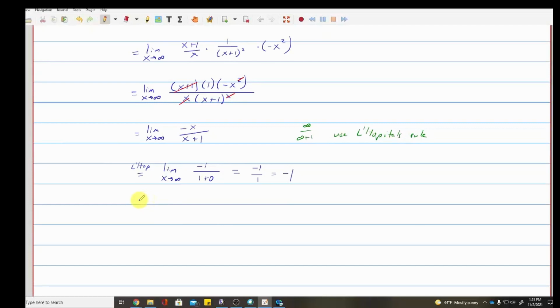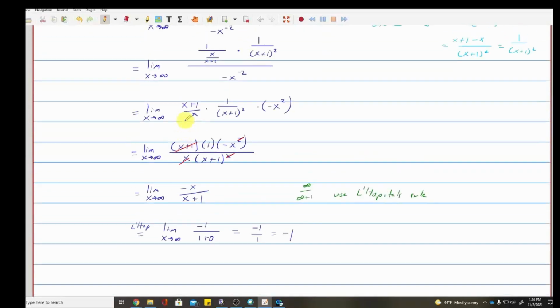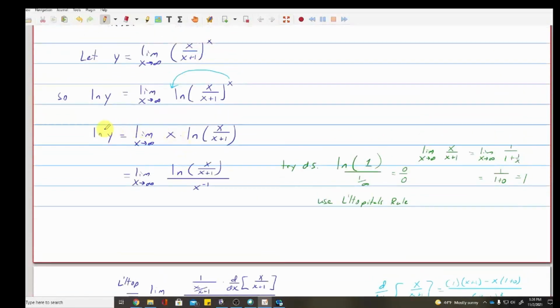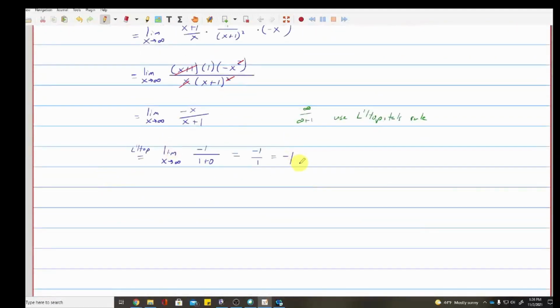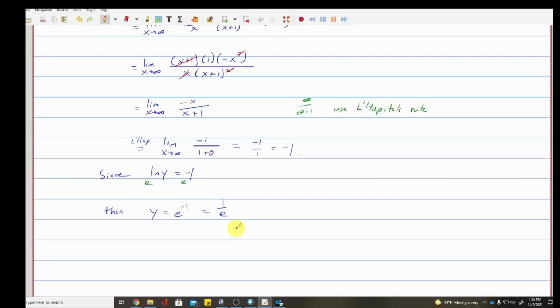Okay. Again, I'm going to follow backwards. What is this negative 1 equal to? Follow my chain of equality back up. It's equal to natural log of y. Since natural log of y is equal to negative 1, if I take e to the power of both sides, then y is equal to e to the negative 1, which is 1 over e.